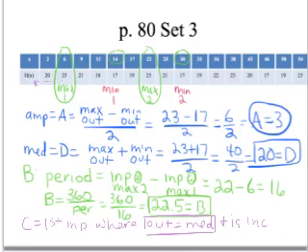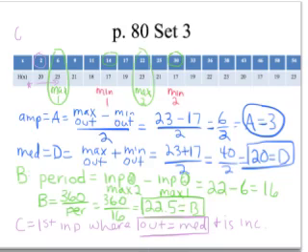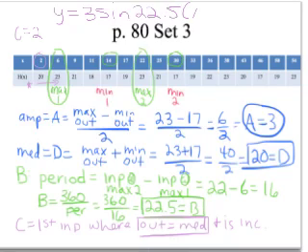So C is the input where that occurs, and so C is 2. So now I can write my equation, which is y equals 3 times the sine of 22.5 times x minus 2 plus 20.